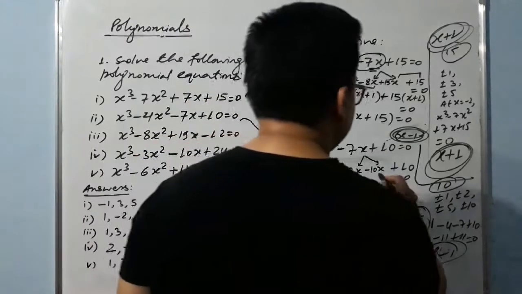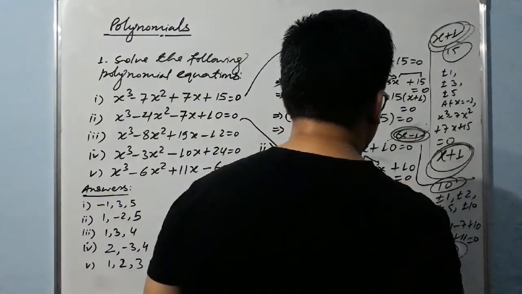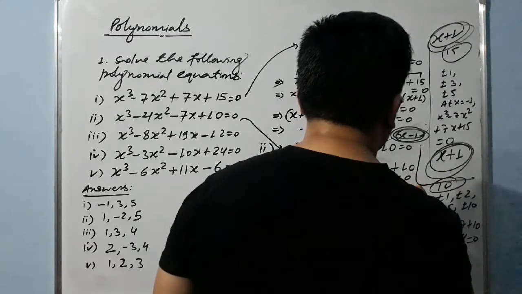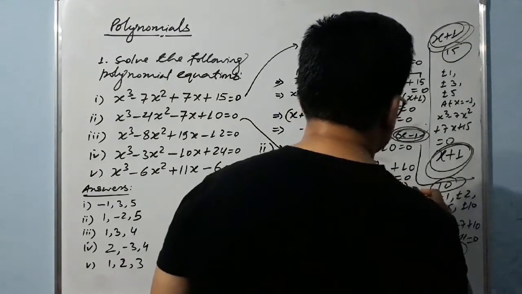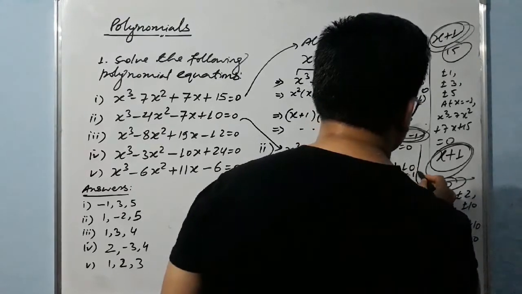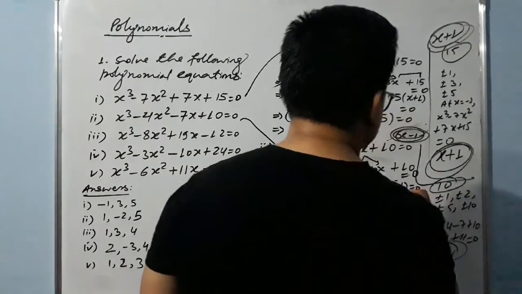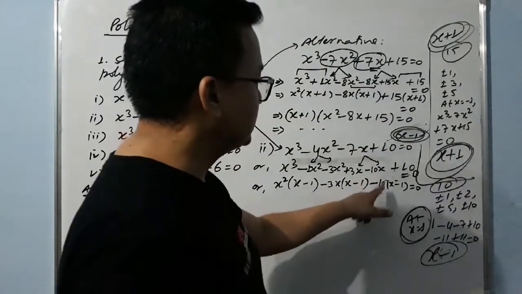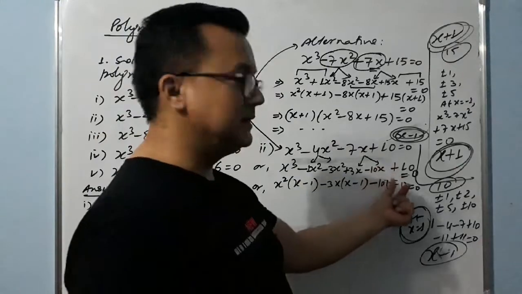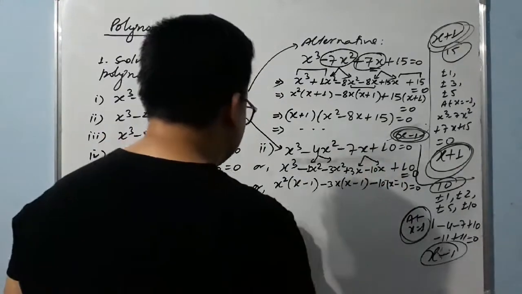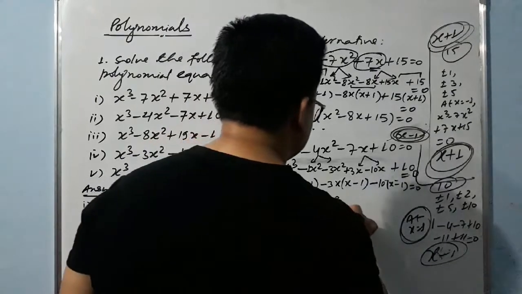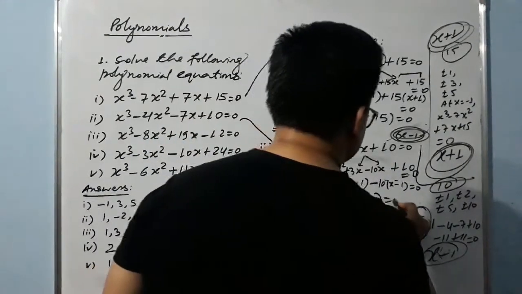And finally, we get minus 10 common inside the bracket, x minus 1, is equal to 0. So here minus 10 common inside the bracket is x minus 1, x minus 1 here, x minus 1 here. Now x minus 1 common from all, you will get x square minus 3x minus 10 is equal to 0.